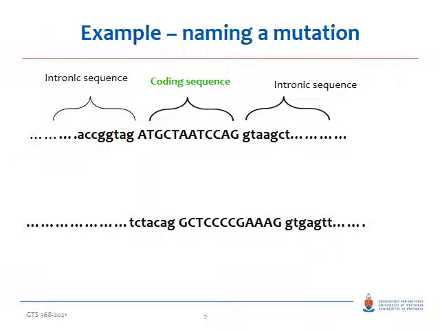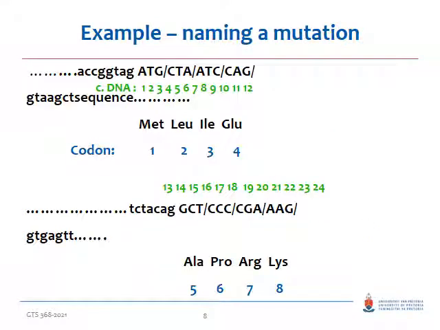Here is an example to name a mutation. The DNA sequence shows 2 exons with flanking intronic regions. Nucleotides will be numbered from the first nucleotide of the first exon, numbered 1.